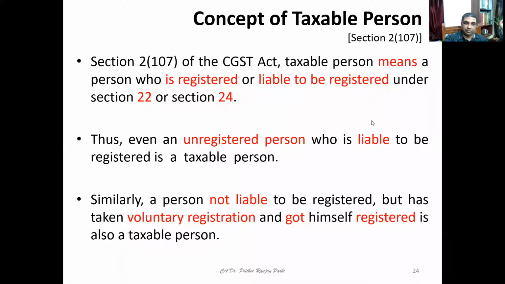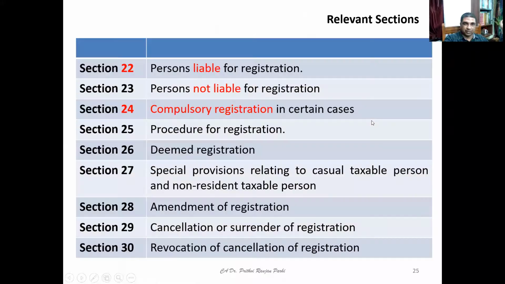What is the meaning of taxable person? Number one, he is registered. Registered means either voluntary registration or he is required to be registered and he is registered. Second thing is that he is liable to be registered, but he has not yet registered, but still he is a taxable person. Are you getting me? This is the meaning of taxable person.